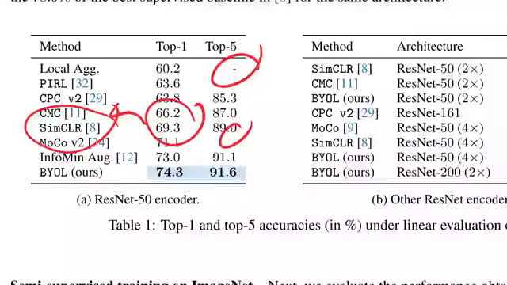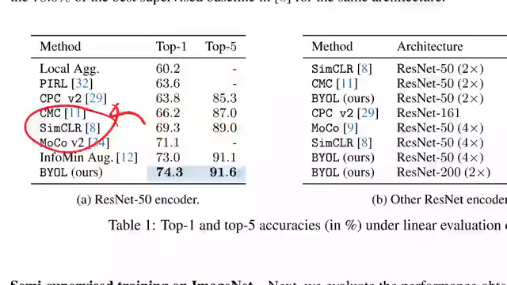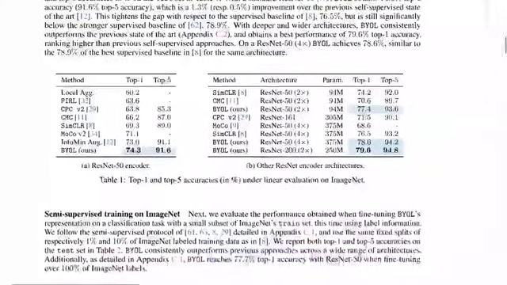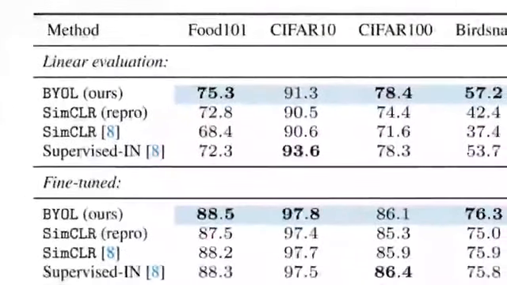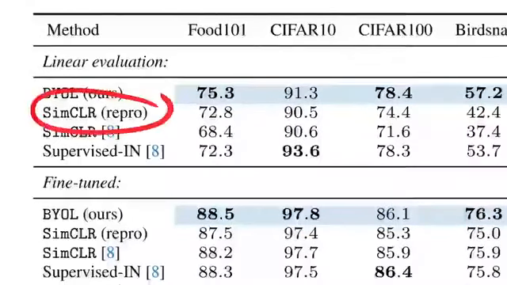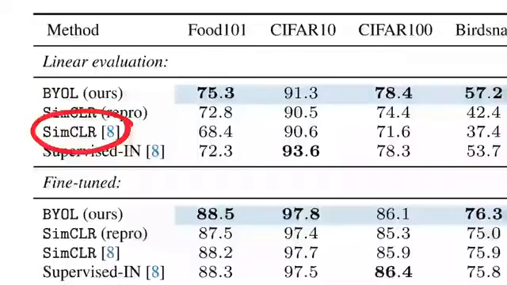So I'm not sure about these numbers, especially if you go and look, at some point they actually do reproduce the SimCLR baseline. So you can see right here that they have their own implementation of SimCLR, and they actually compare this to the numbers that they find in the SimCLR paper.